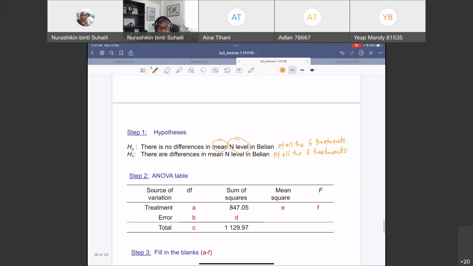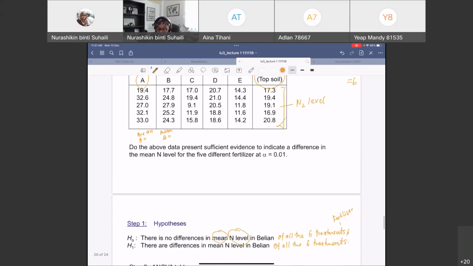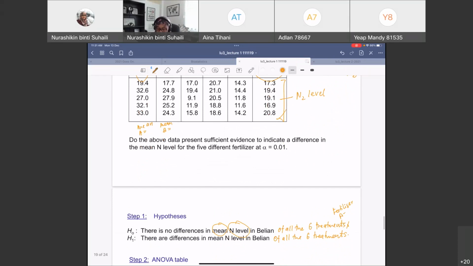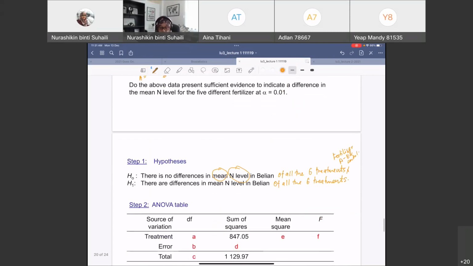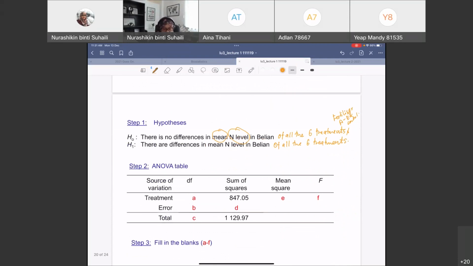Or maybe you want to mention specifically, fertilizer A to E and also control. But if you say 6 treatments also can. Okay, so this is what I mean by specific statements, hypothesis. So don't just say no difference, there is a difference. Okay, so step 1 is done.